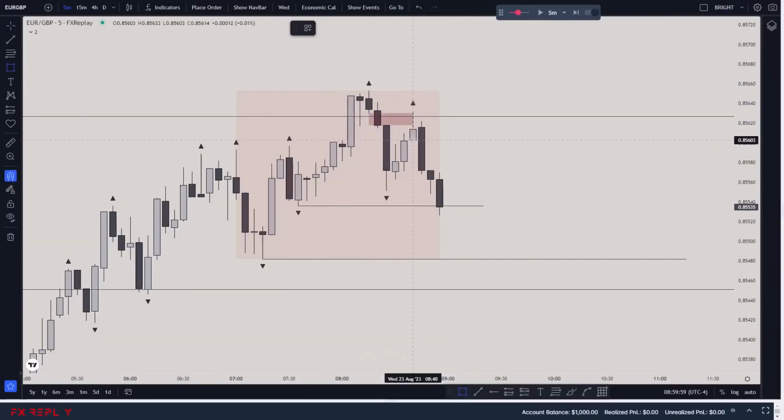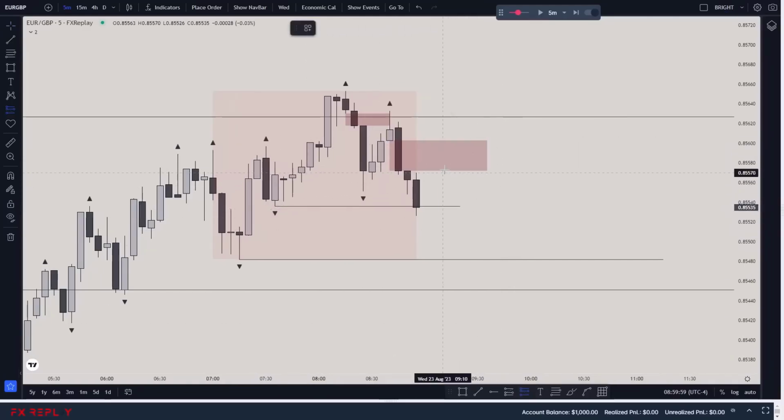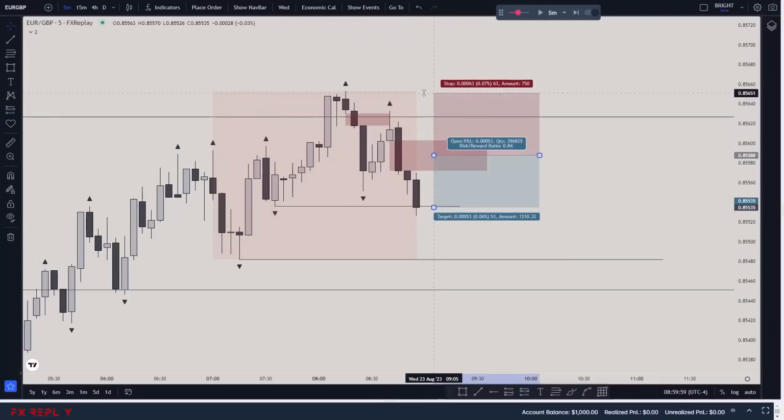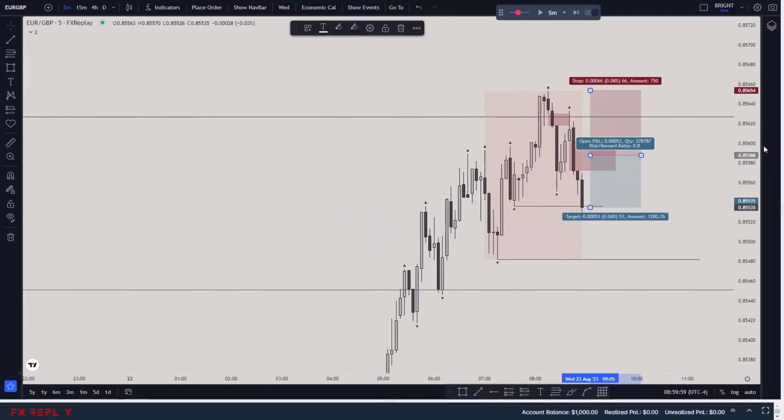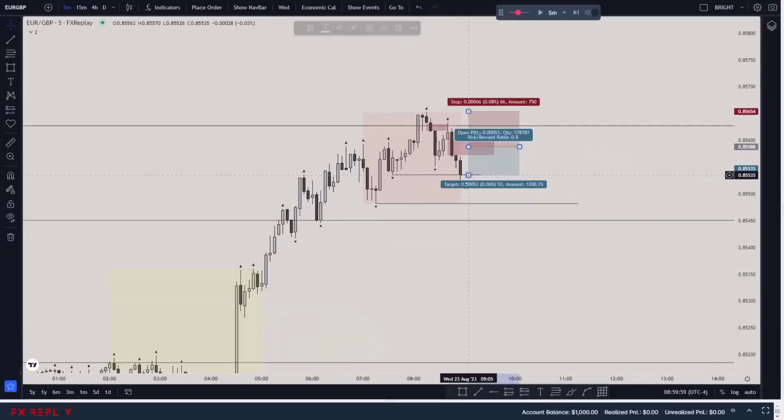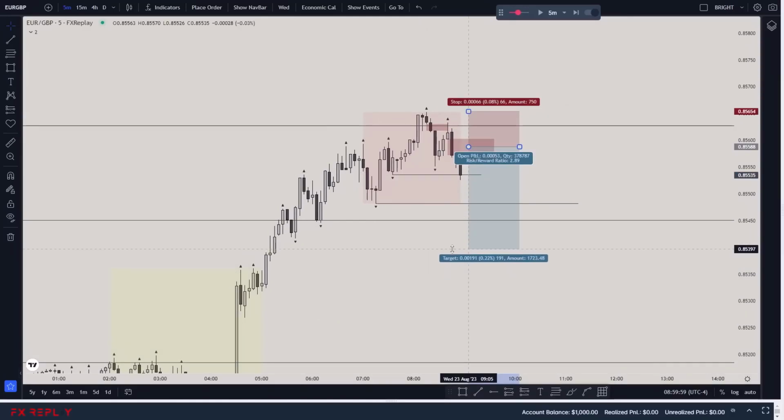We have one here, and then followed by change of character right here. So mostly price will respect this fair value gap. So there's a potential of an entry from this fair value gap. So if we have it, I would say 50% of this fair value gap, stop loss above this high, and go in 3 to 1. So 3 to 1 right here.